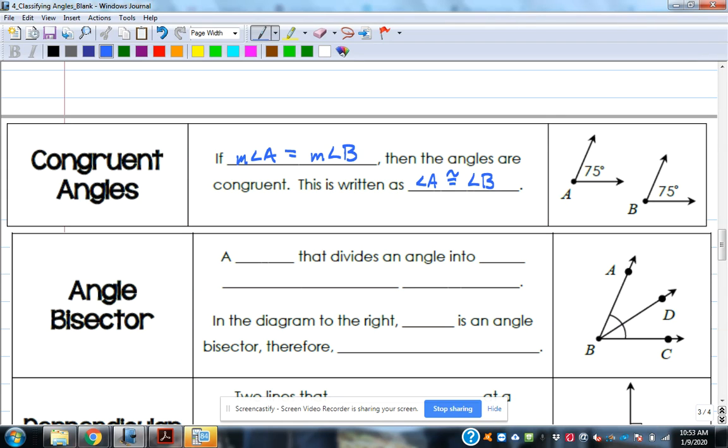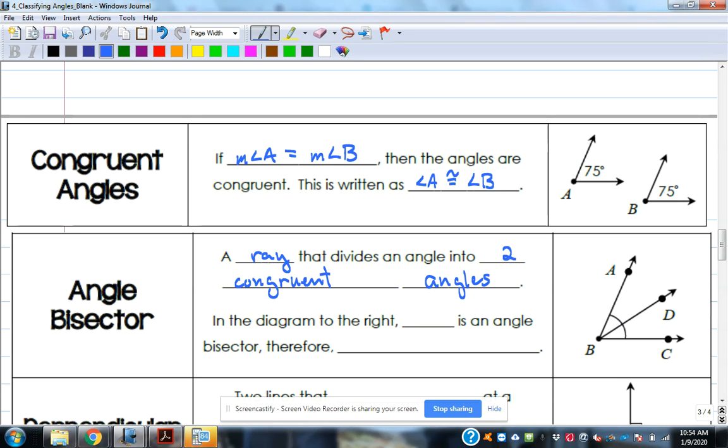Okay, so a ray that divides an angle into two congruent angles is an angle bisector. So it's a ray that cuts or divides an angle into two congruent angles.